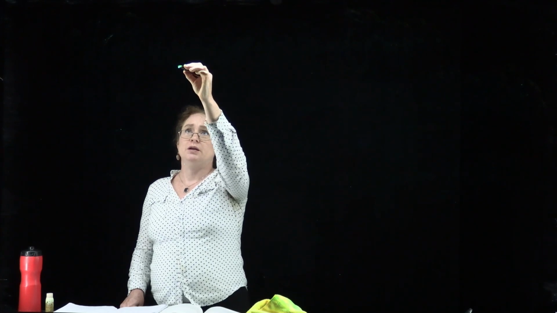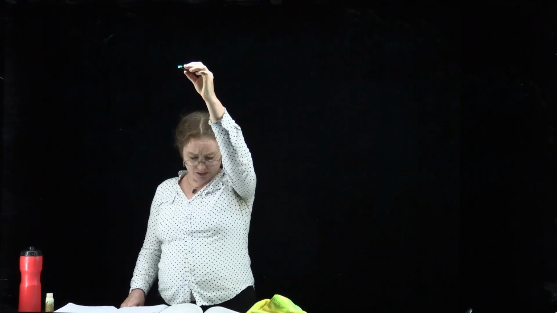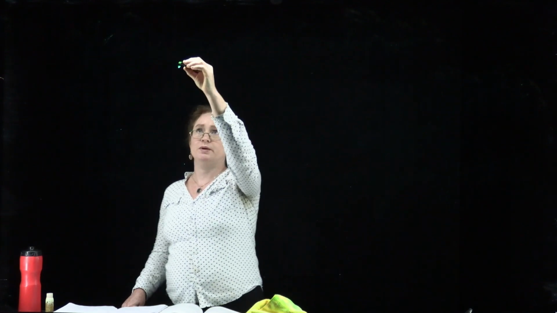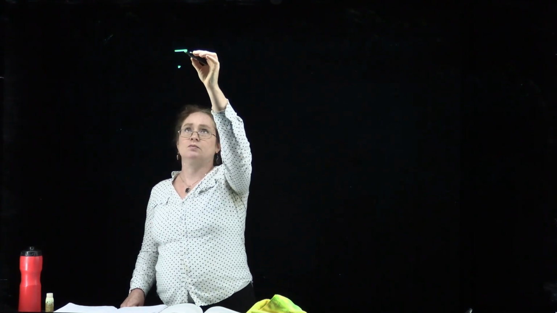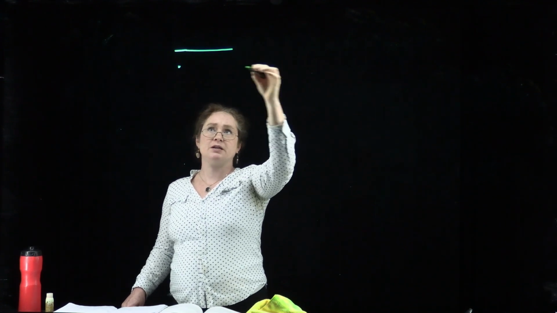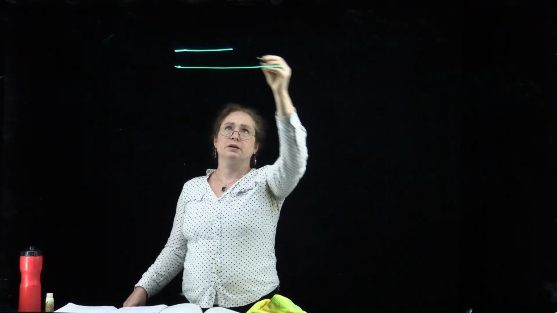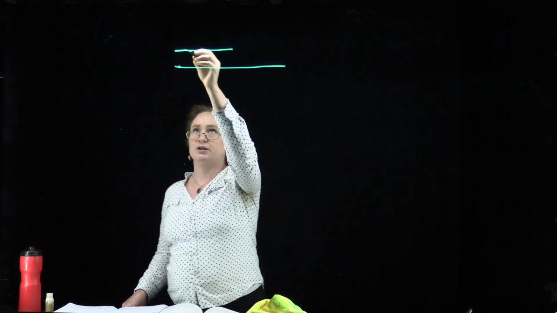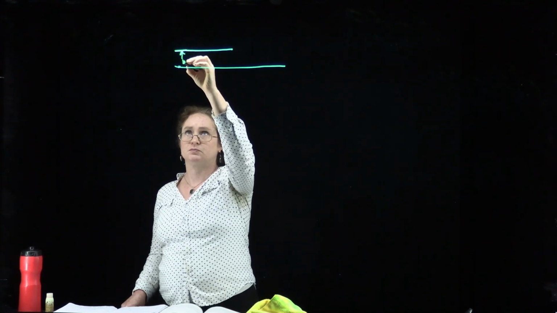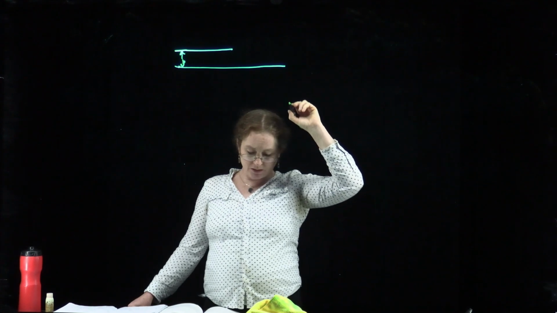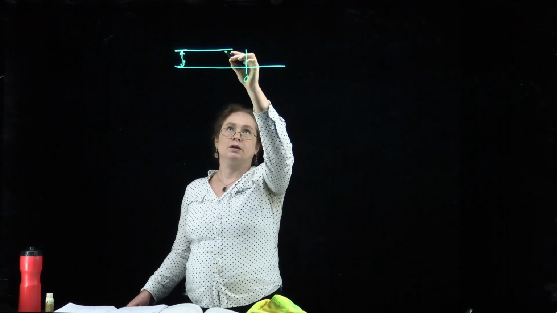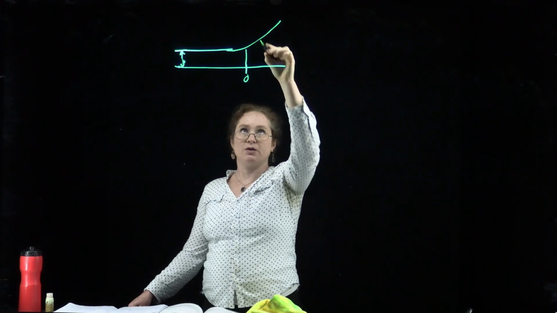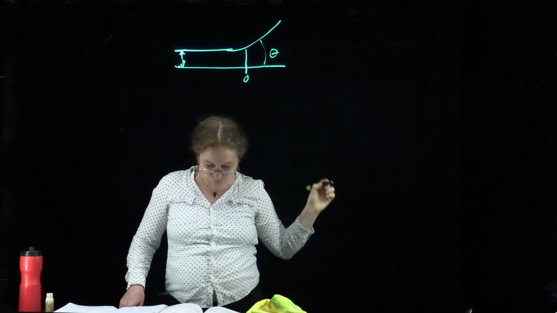So if you imagine the impact parameter, we have some impact parameter where the projectile would go if it kept going, if it had no interaction with the target. And here is the target, and it does something and scatters off with an angle of theta.